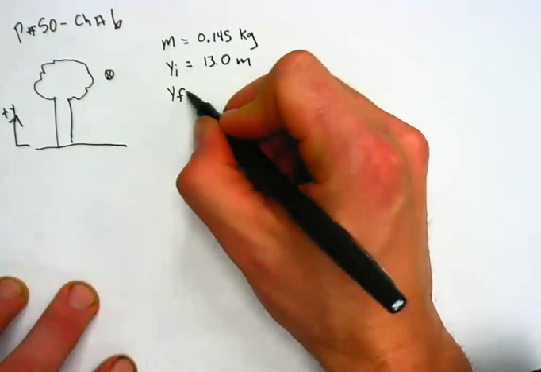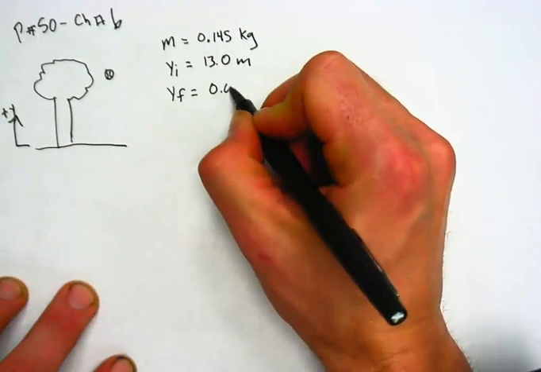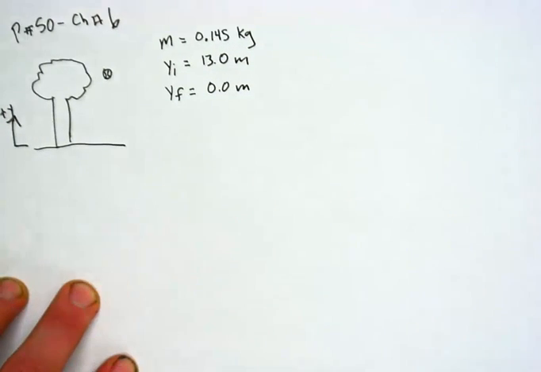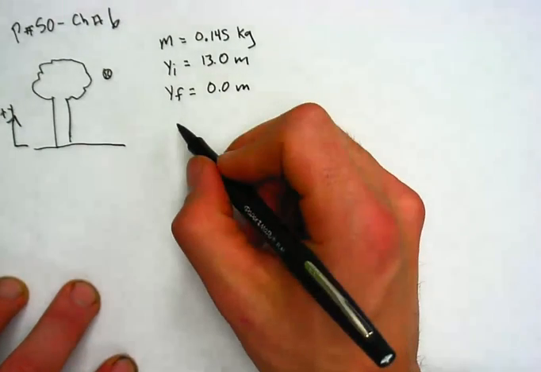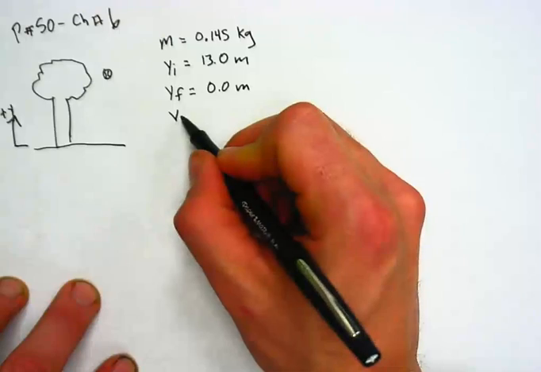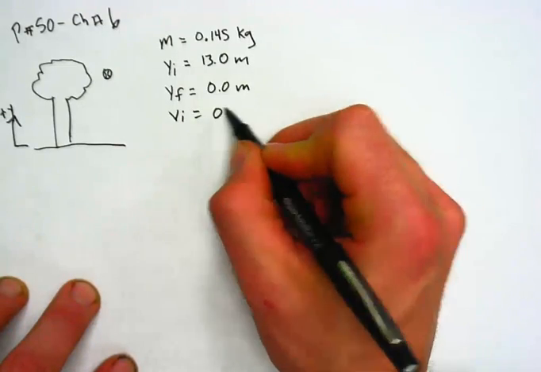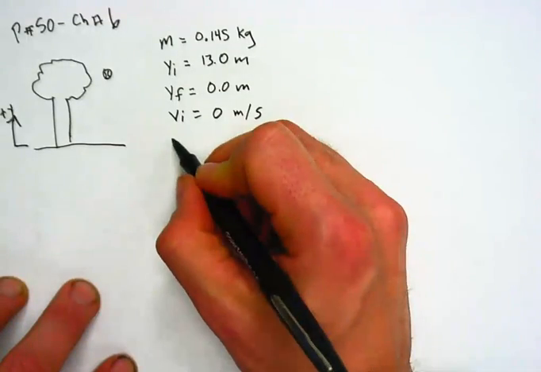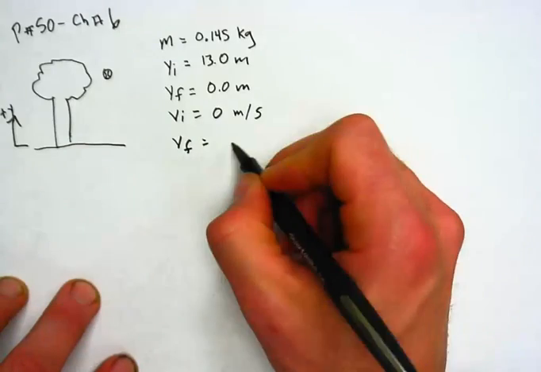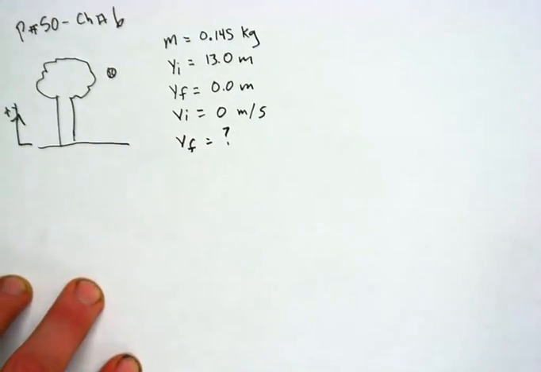We know the baseball ends up on the ground, so we're defining our coordinate system to be 0 where the ground is, and it says we're dropping the ball from rest. How fast will the ball be going when it hits the ground?